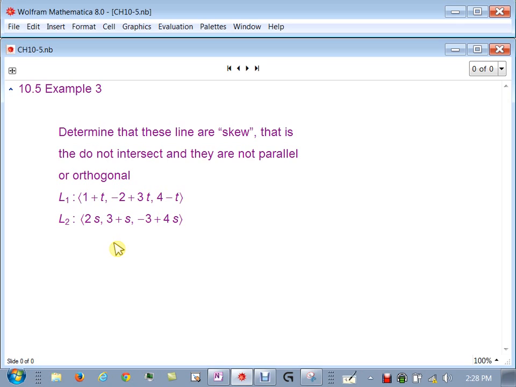So s controls this line, t controls this line, and I want to know if there's an s and a t that when you plug something in for s, you get to this intersection, and some other value of t gets you here also. It's a little subtlety, but it's important. If you put t for both lines, you probably wouldn't be able to get the answer. Even if they did intersect, you wouldn't be able to find it, because the t wouldn't be the same for both.